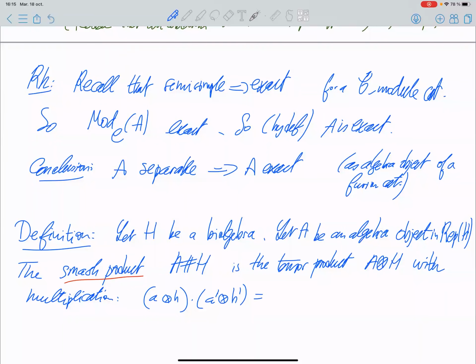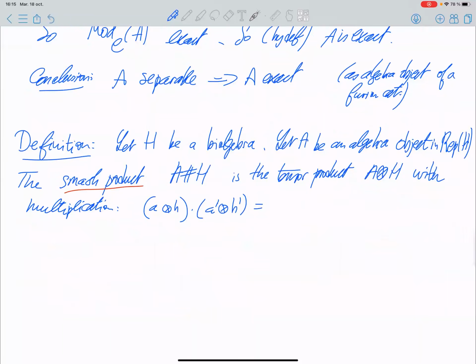I will not write the co-multiplication with the Sweedler notation, I will write directly: Delta of H is the sum over i of H1i tensor H2i, the co-multiplication.